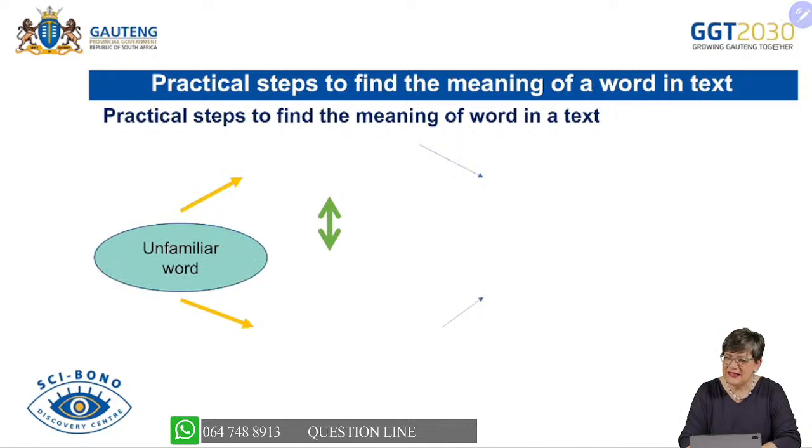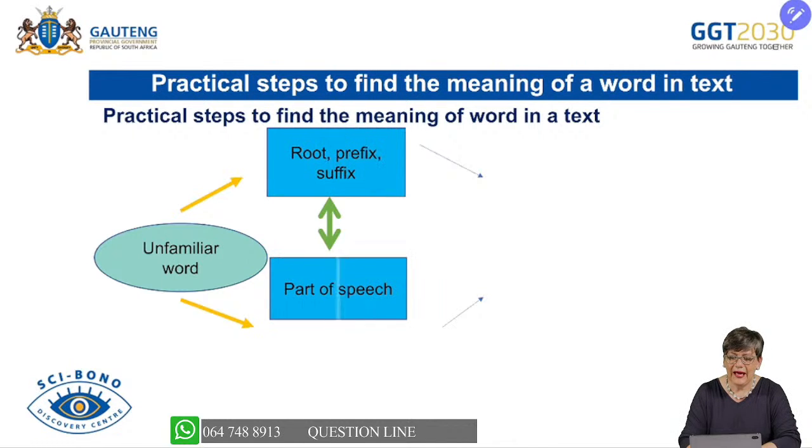When you read the second time, you found that unfamiliar word that you've never seen before. Write it down. Now, look at the word. Can you figure out what is the root? Does your word have a prefix or a suffix? Can you look at the word and see which part of speech it is?